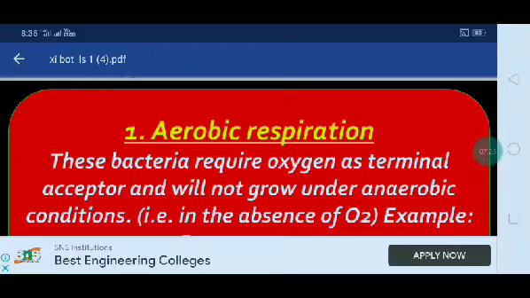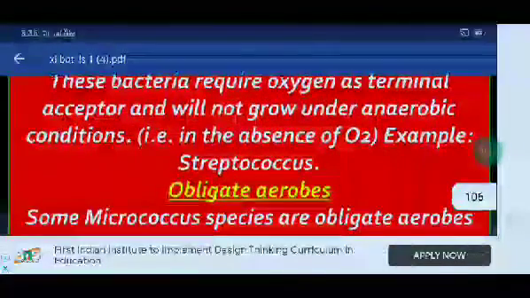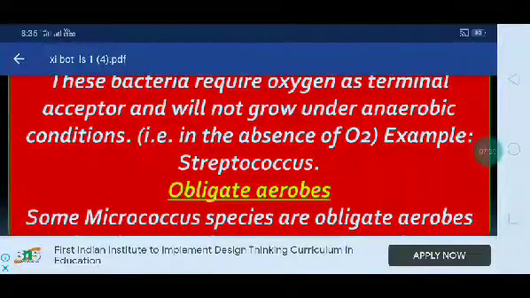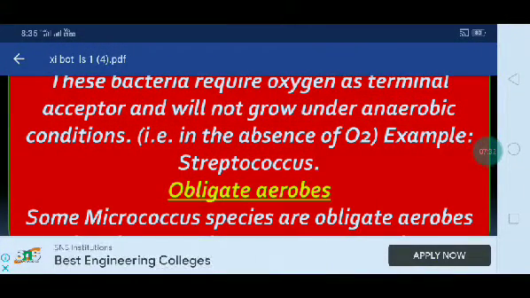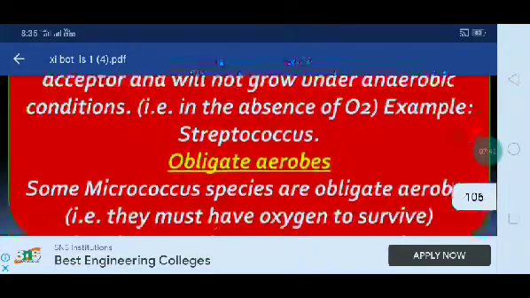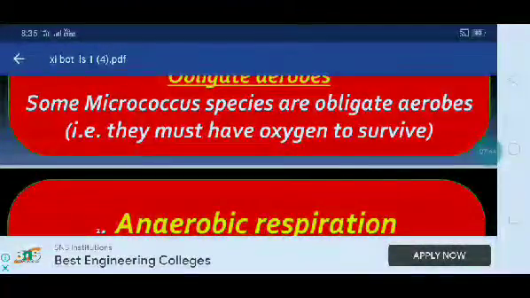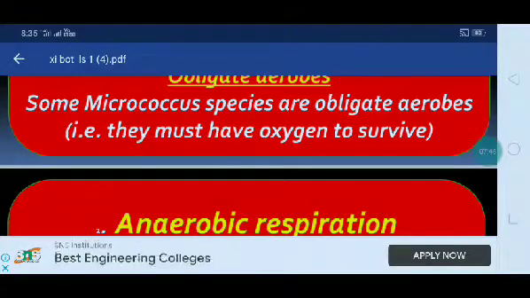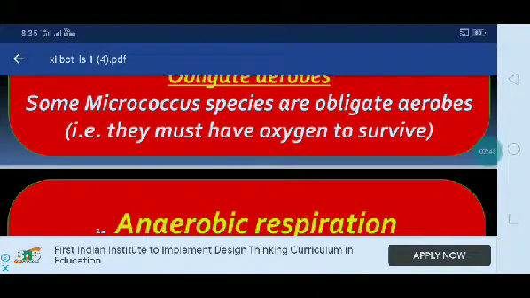An example is Streptococcus, a chain-like bacterium. Then obligate aerobes: some Micrococcus species, small coccus bacteria, are obligate aerobes. That is, they must have oxygen to survive.